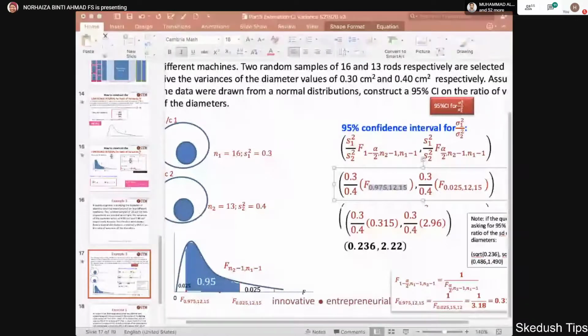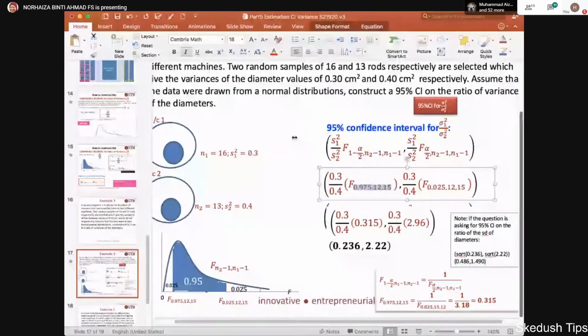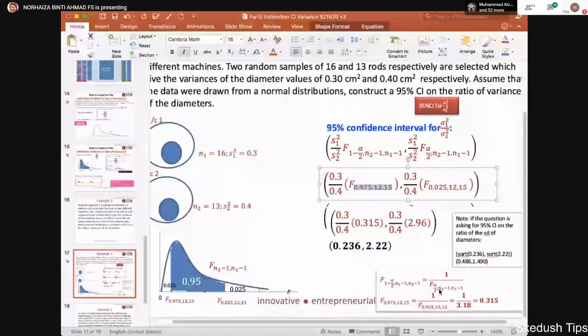No, you can't. But remember what we have learned in chapter 2. In your table it only gives the value up to 0.1. So if you want to find F 0.975, 12, 15, this is 1 over F 0.025, 15, 12. So we have to reverse this and you get 1 over 3.18, which is 0.315.